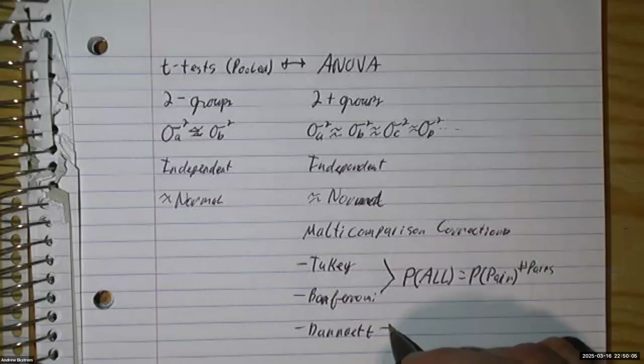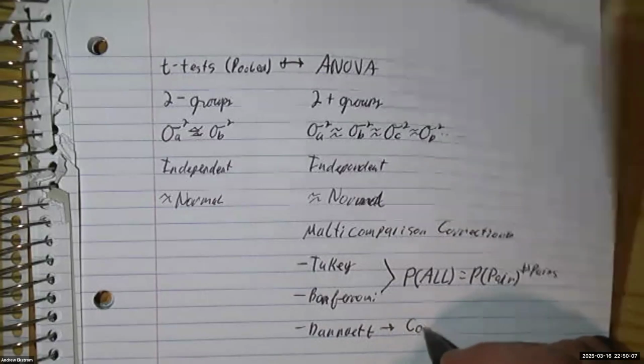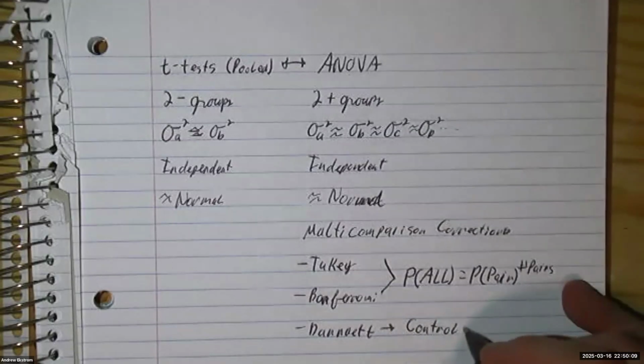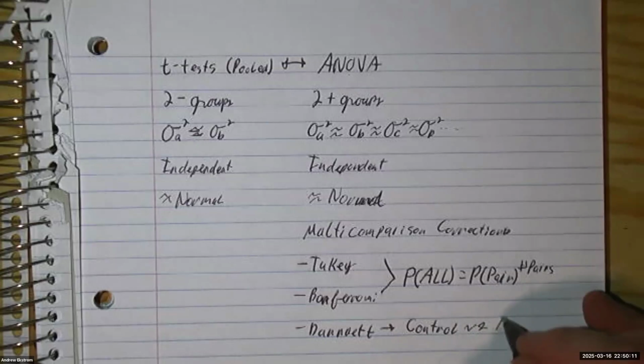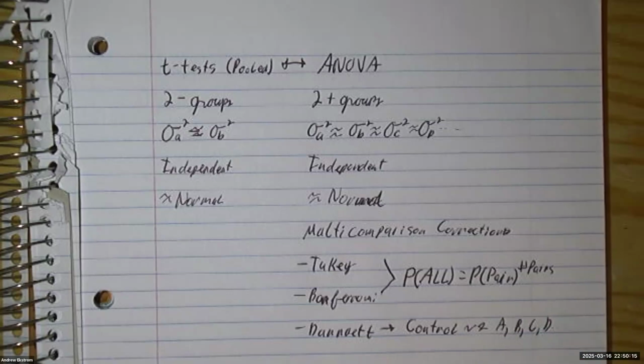With Dunnett, it's the same thing, but instead we have control versus, say, group A, group B, C, D, and everything else.